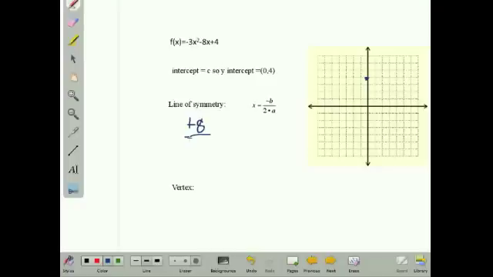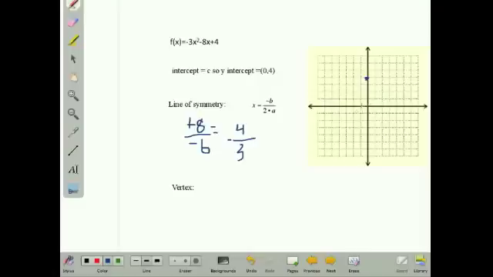In this case, my a is negative 3, so 2 times a negative 3 would be a negative 6. That can be reduced because both of these numbers can be divided by 2, so it becomes 4 thirds. Remember, it's negative. So negative 4 thirds. So technically that's going to be a negative 1 and 1/3.